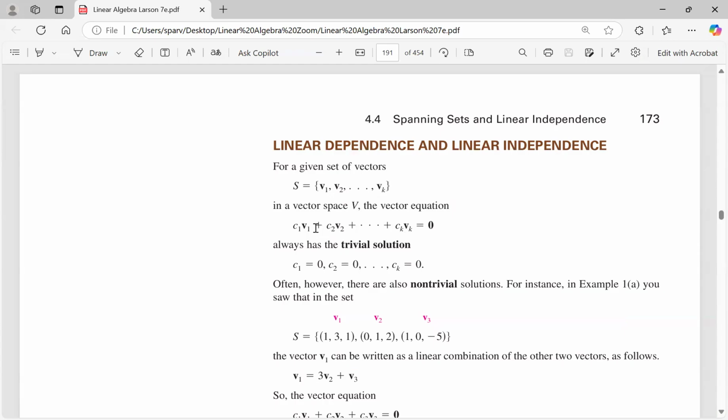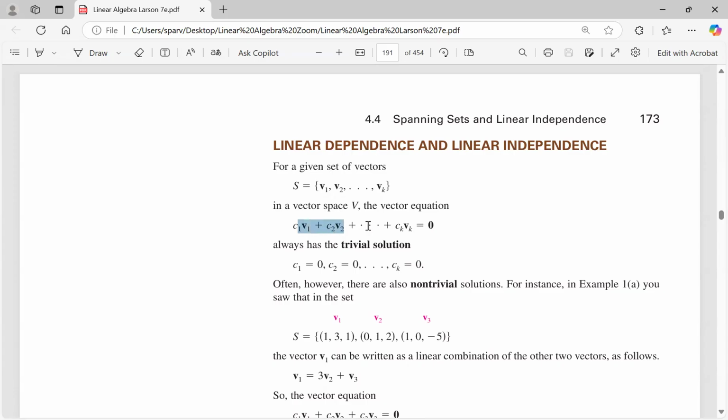If this homogeneous system, because they have 0, has only the trivial solution, that means all the C's must be 0. There's no other way this works. Then we say the system is independent. Now, if there are non-trivial solutions, then we say the system is linearly dependent.